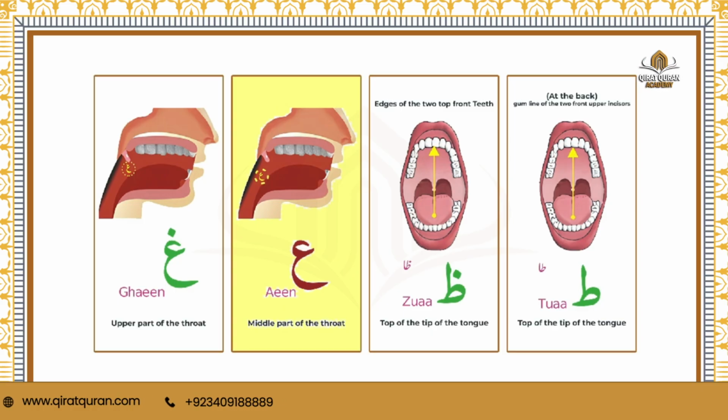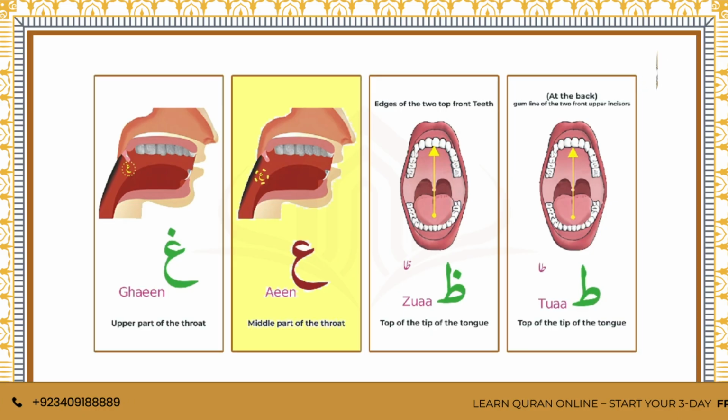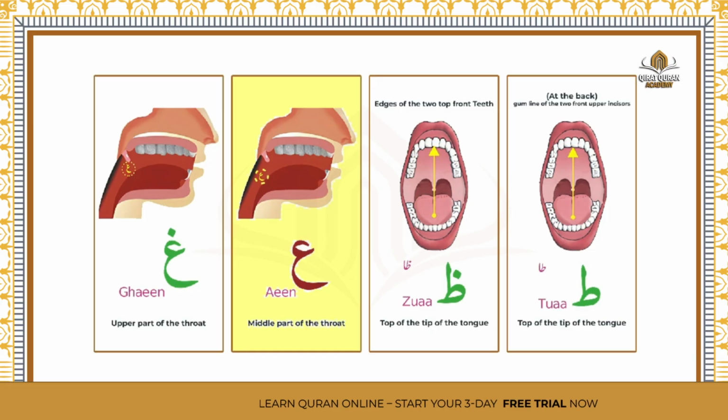The origin of this letter is the middle part of the throat. As I told you before, there are three parts of the throat. One is the upper part of the throat, then the middle part of the throat, and then the bottom part of the throat. So for pronouncing Ain, we have to use the middle part of the throat. Ain. This is the middle part of the throat.